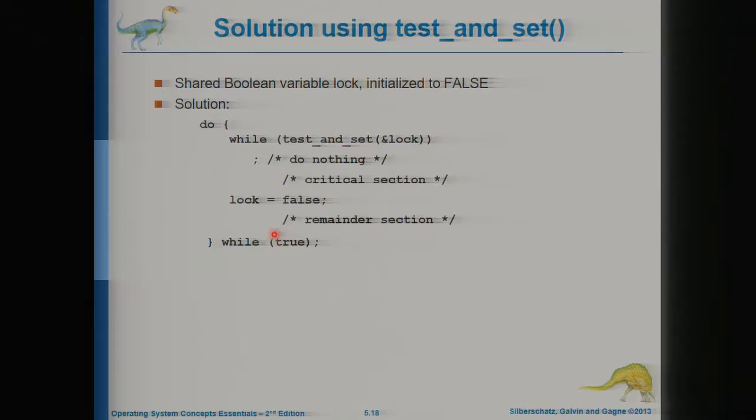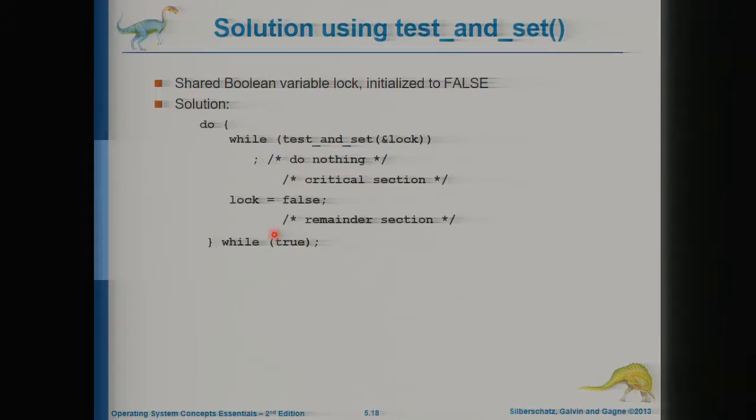It is true. RV is assigned true, and target is again set to true, and we return true. So any other process trying to enter its critical section will get the value of test and set lock as true, so it will keep on waiting until that becomes false.